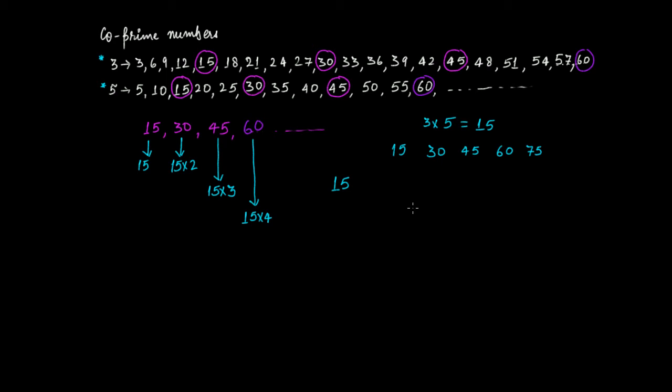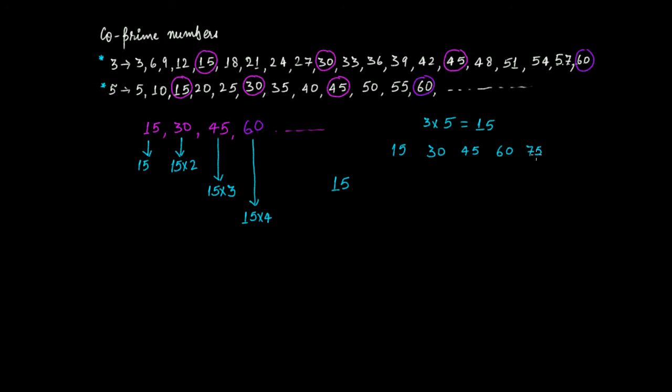That is the point. So that means that any number of these two co-prime numbers 3 and 5 which are divisible by 3 and 5 both. So what does that mean? Any number which is divisible by 3 and 5 both is a common multiple of 3 and 5. Because if I say that 60 is divisible by 3 and 5 both, then that means that 60 is a common multiple of 3 and 5.